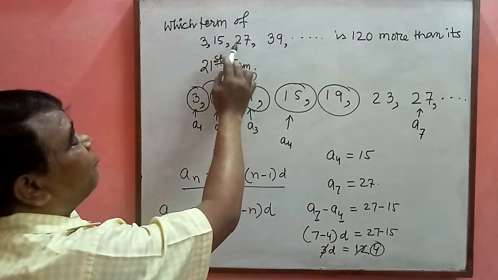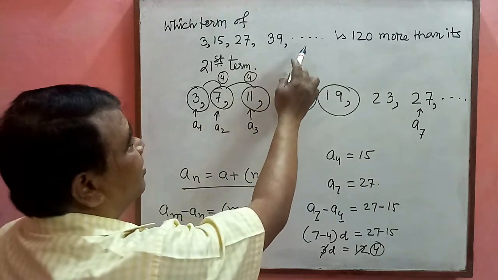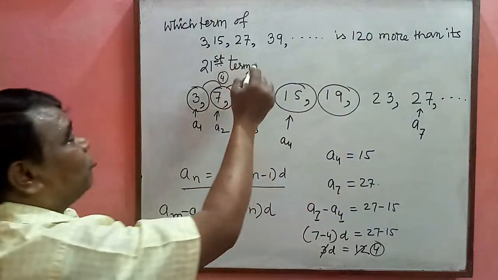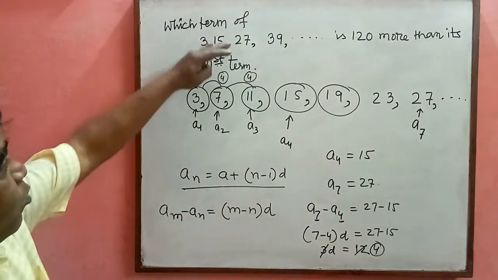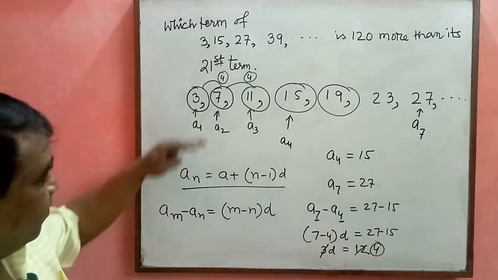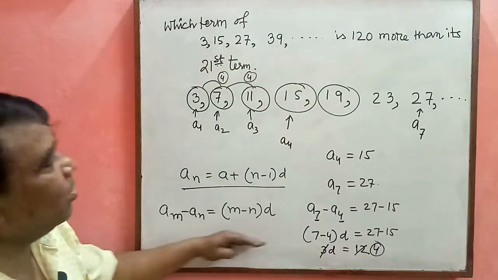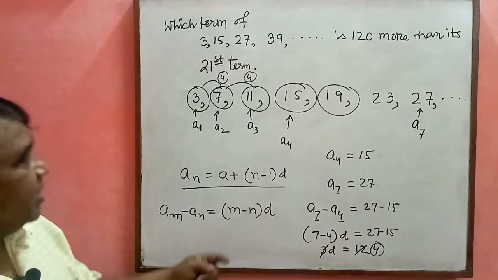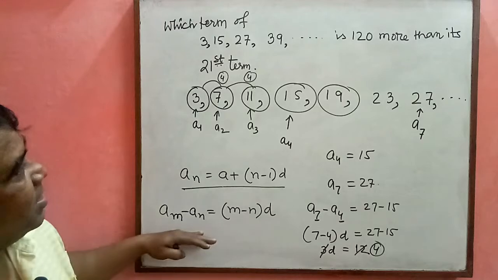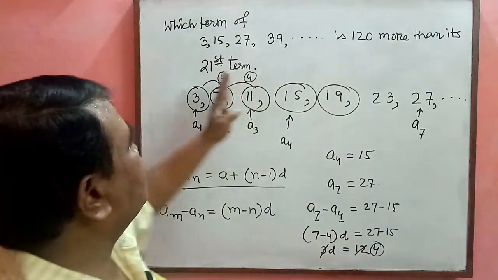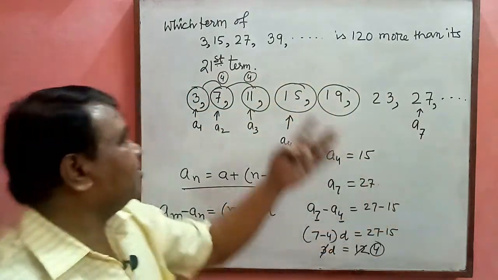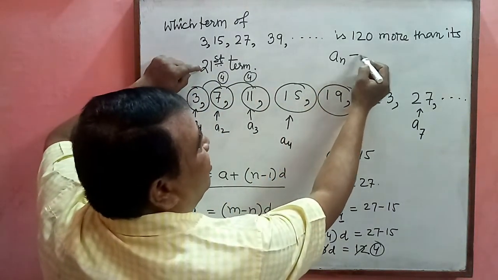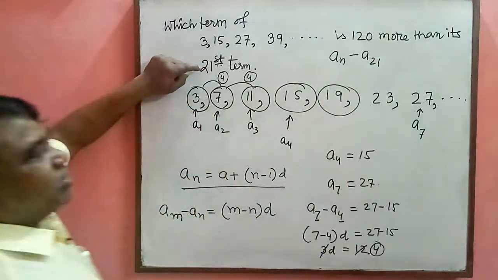Here is the question. Which term of 3, 15, 27, 39, which is progressing, is 120 more than its 21st term? This question will be solved with the help of this identity also. There are two ways of solving this problem. I'll tell you. It's very easy to solve if I use this. Let's say the nth term is 120 more than the 21st term.